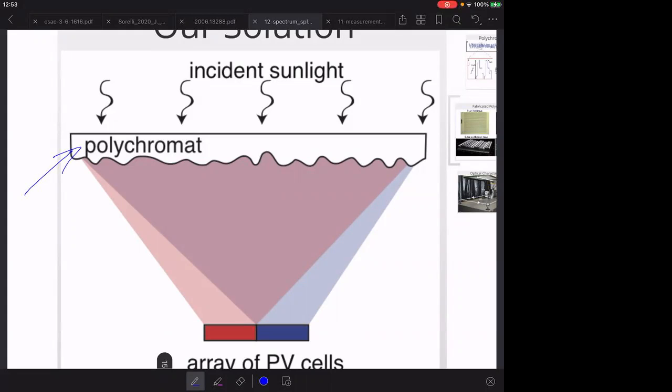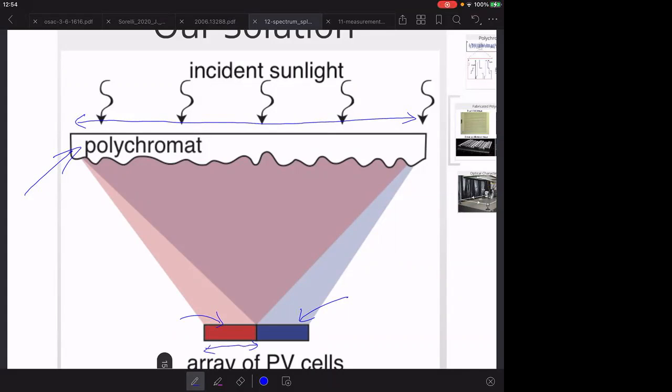So in this schematic, we have two different colors, a red and blue. The red part of the spectrum goes to the left-hand side. The blue part of the spectrum goes to the right-hand side. And you can also see it does one more thing. It also does concentration of light. You can see that this polychromat has a large input area, kind of like our CPC, and the solar cells are somewhat small.